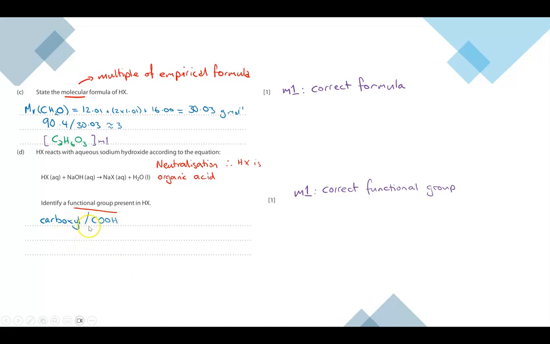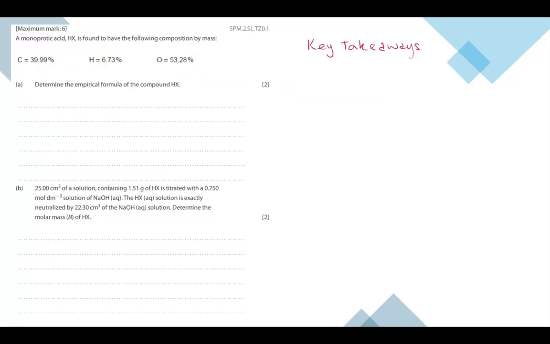Both of these were accepted as correct answers, by the way. I would have used the word carboxyl and then written COOH next to it. Yeah, okay. So that's that. Now, as I said, there's another oxygen atom, but we can't determine exactly what that would be.